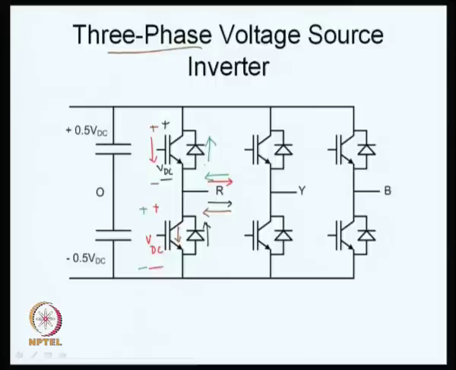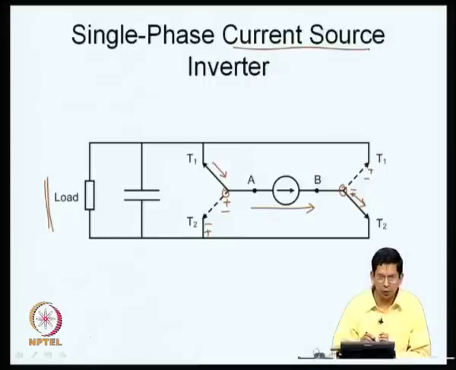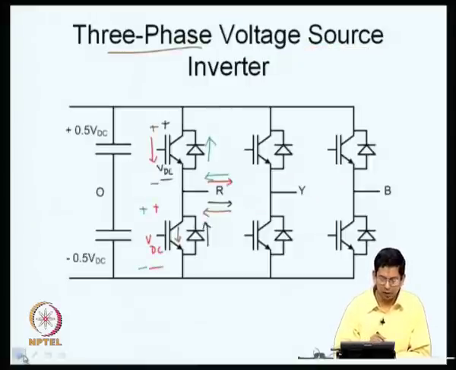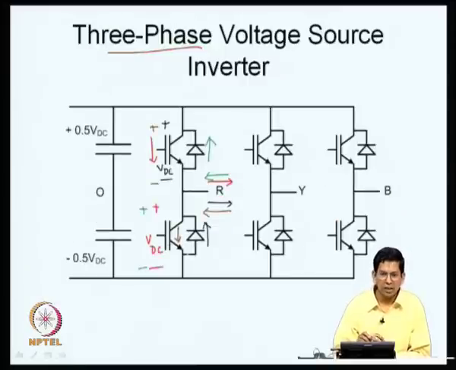So, we are slightly expanding and going higher now. You had started from a point where you used only single pole double throw switches, which are all single quadrant switches. We again have single pole double throw switches in a voltage source inverter like here, but they have bidirectional current carrying capability.